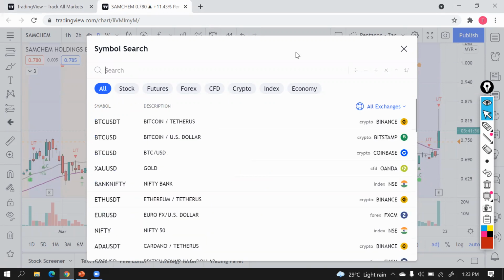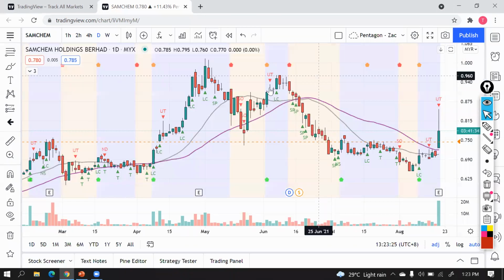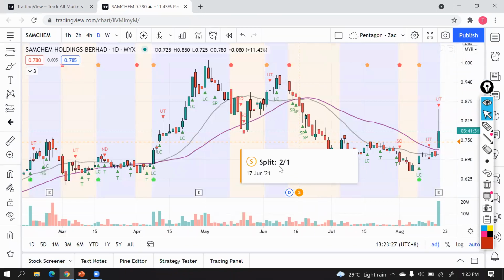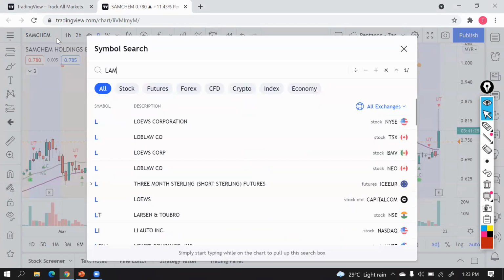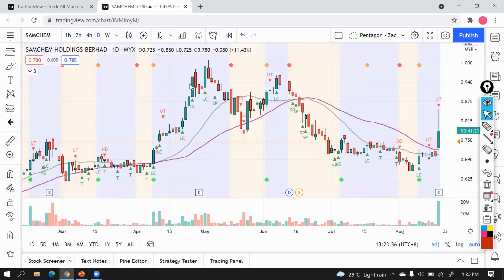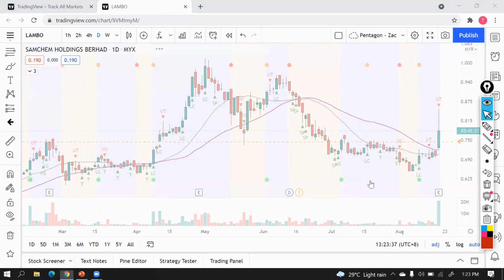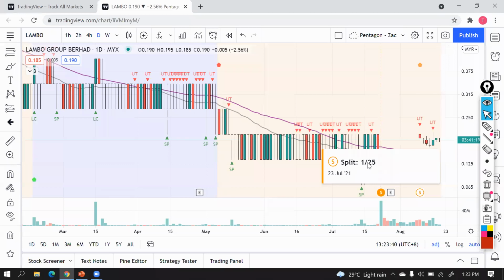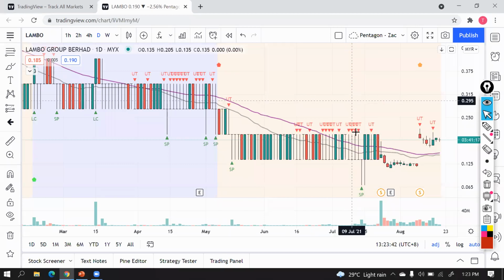I forgot. Never mind, just play around. Just click here and you should be able to get the information. Let's try Lambo. Here, I think this is a reverse split, right? So you can check out the information from here.